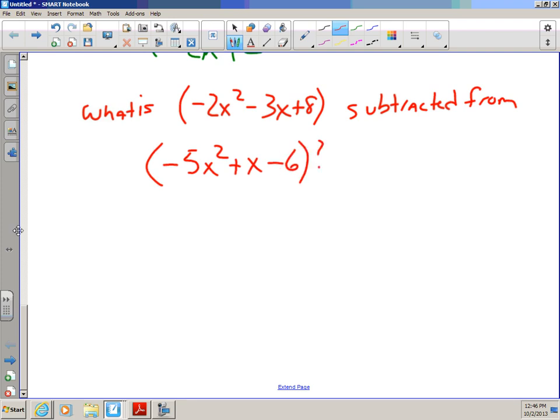Well, this is where you have to be careful. If you thought about it numerically, if I said, what is 5 subtracted from 8, you would know that that means 8 minus 5, or 3. Well, I want to take this first polynomial away from the second. So I do not write the mathematical statement in the order as they show up, but in the following order.